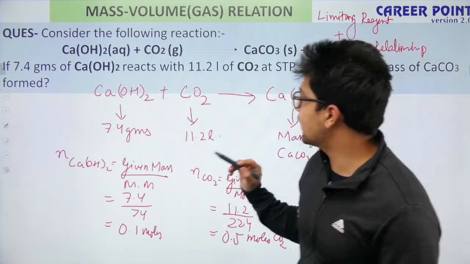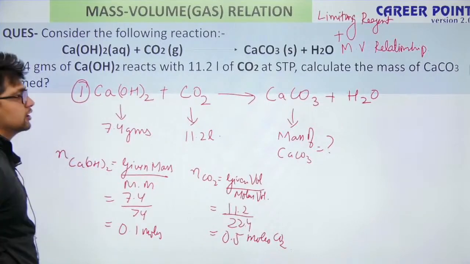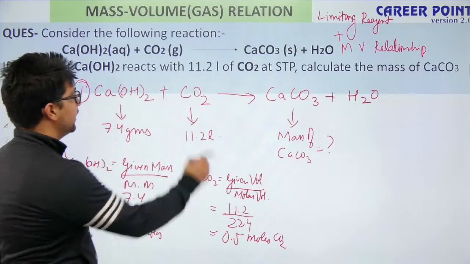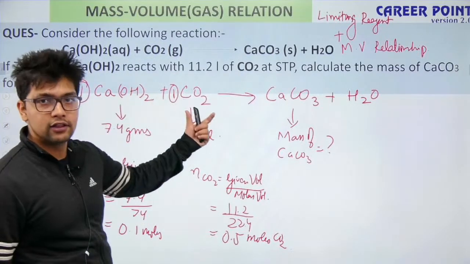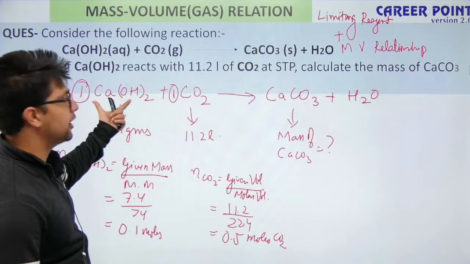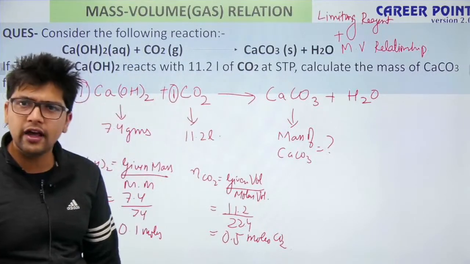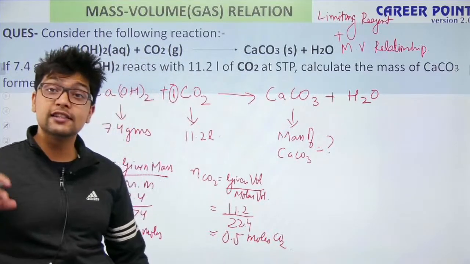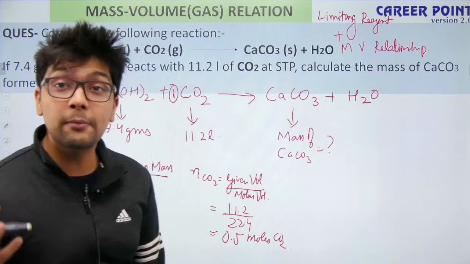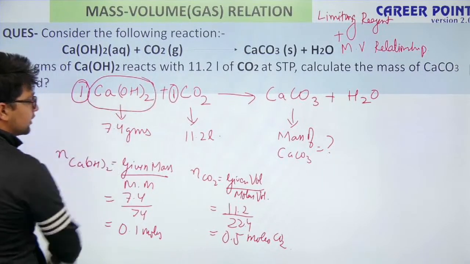The equation suggests that 1 mole of calcium hydroxide reacts with 1 mole of CO2. So 1 is going with 1. If I had 0.1 moles of calcium hydroxide, then it would react with 0.1 moles of carbon dioxide. But how many moles of carbon dioxide do we have? We have 0.5 moles. So the limiting reagent in this case is calcium hydroxide.